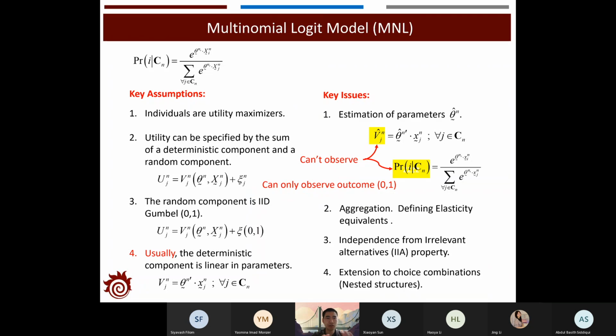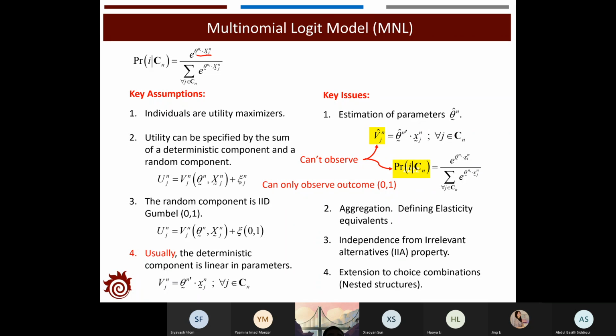So first of all, we have a multinomial logit model to show the probability of choosing one mode or one option from the group of alternatives, and the equation on top shows the probability of choosing the mode i. It is estimated by the deterministic component, which is something we have to estimate.